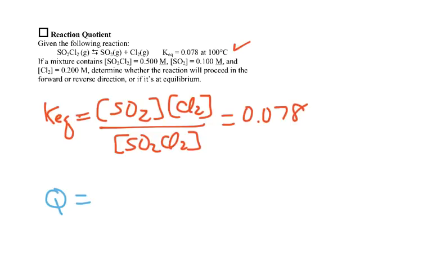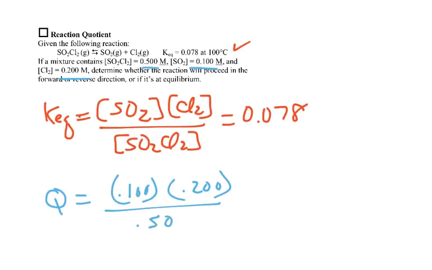So our numbers are SO2 is 0.1 molar, the Cl2 is 0.2 molar, and the SO2Cl2 is 0.5 molar. For this I get a value of 0.40.